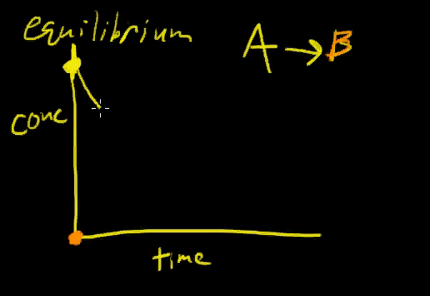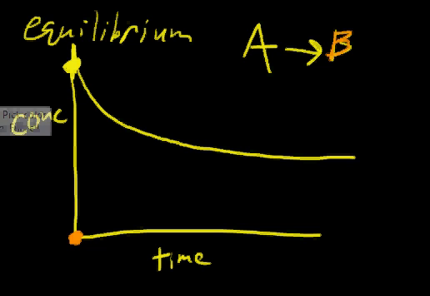And as time goes along, the rate of substance A's decrease is going to decrease. In other words, it's going to slow down how much substance A is disappearing over time. Eventually, we're going to reach an asymptote, a certain amount of substance A that we are not going to go less than. In other words, we're not going to run out of substance A. Not all of substance A is going to become substance B.